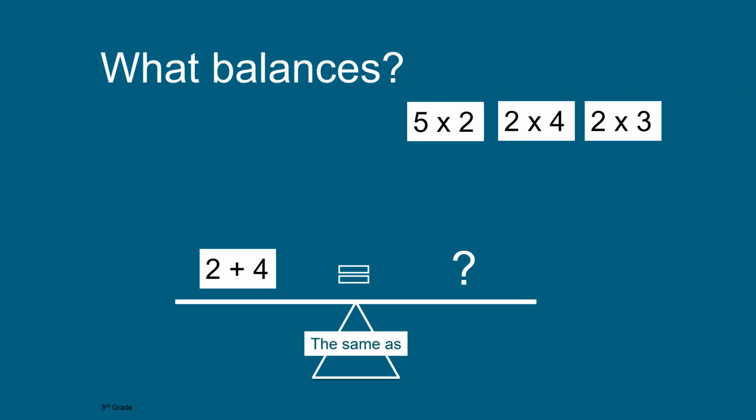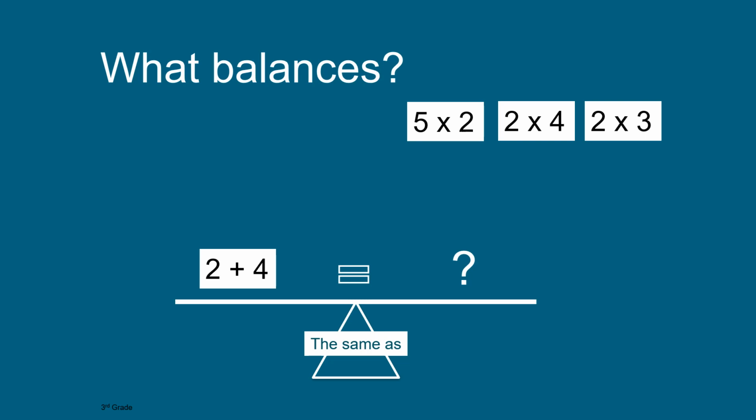We can also use different operations to show equality or number sentences that balance or are the same. What is the same as or balances with 2 plus 4? First of all, what is 2 plus 4? 2 plus 4 is 6. What would balance with 2 plus 4?